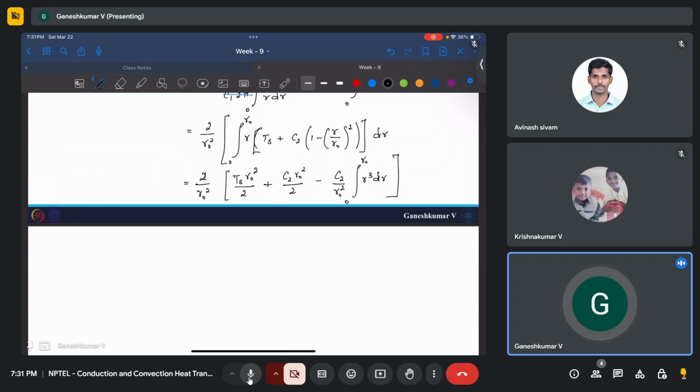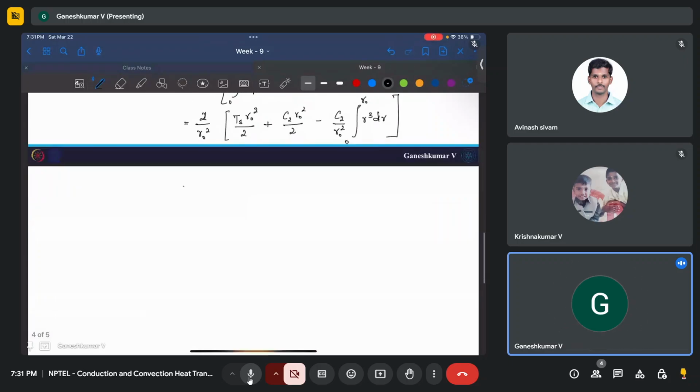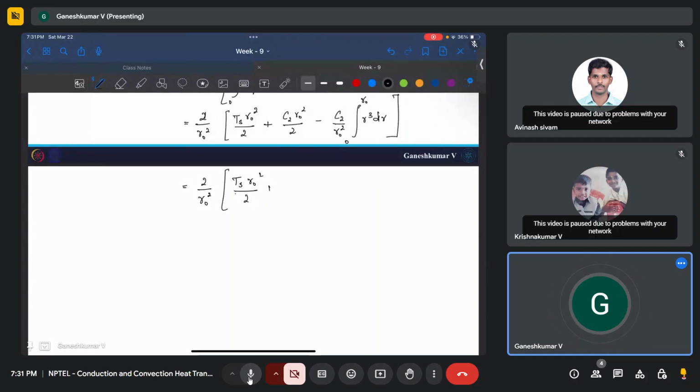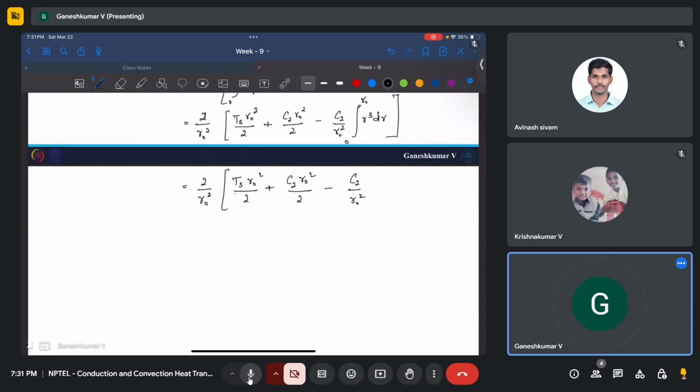So this becomes R naught power 4 by 4 basically. So let's do that too. It will be divided by R naught square: Ts R naught square by 2 plus C2 R naught square by 2 minus C2 by R naught square into R naught power 4 by 4.